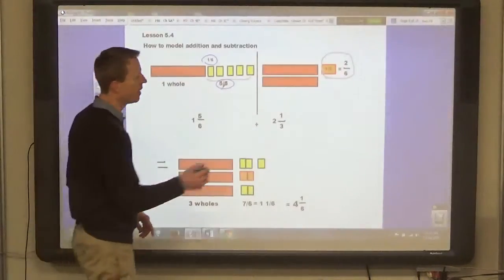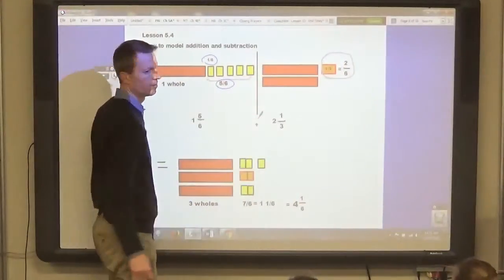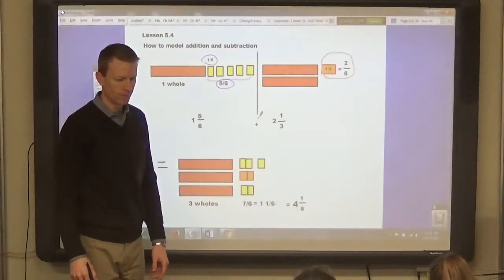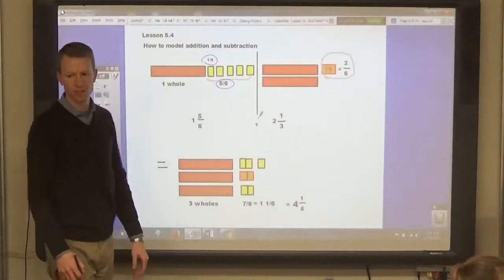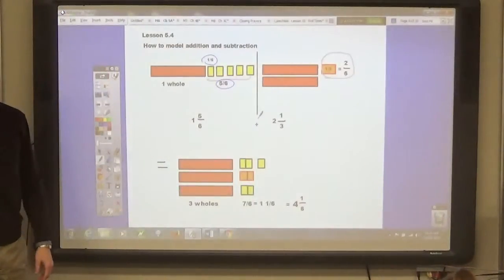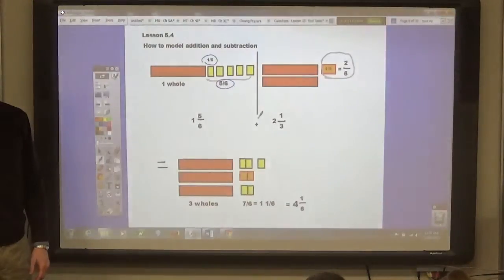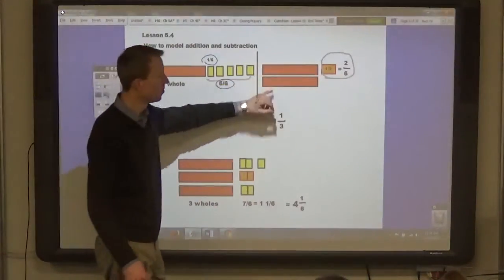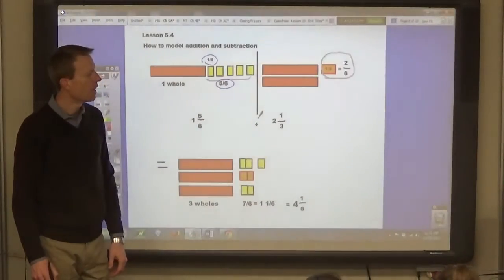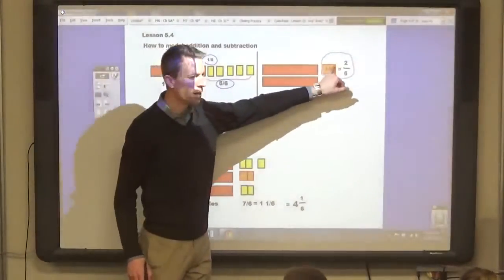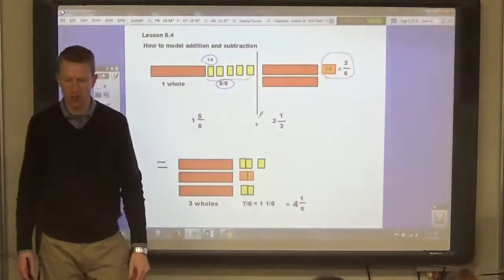Then draw a line, and on the other side draw 2 big rectangles. Each one of those is 1 whole. And then draw a box and label it 1/3.